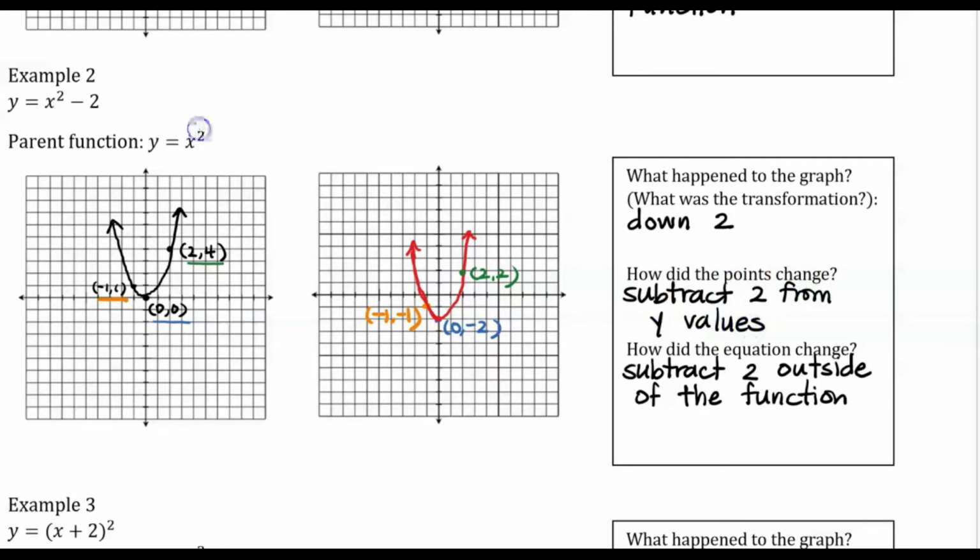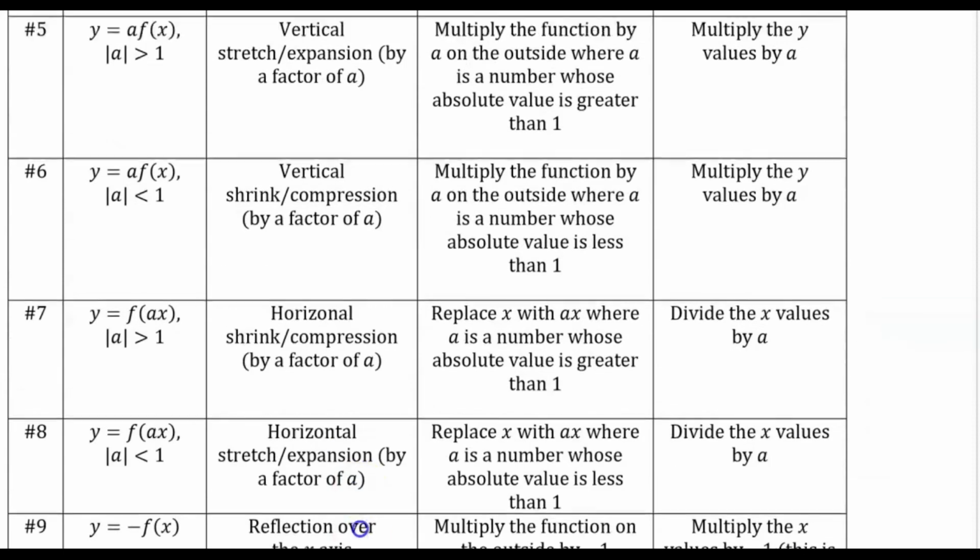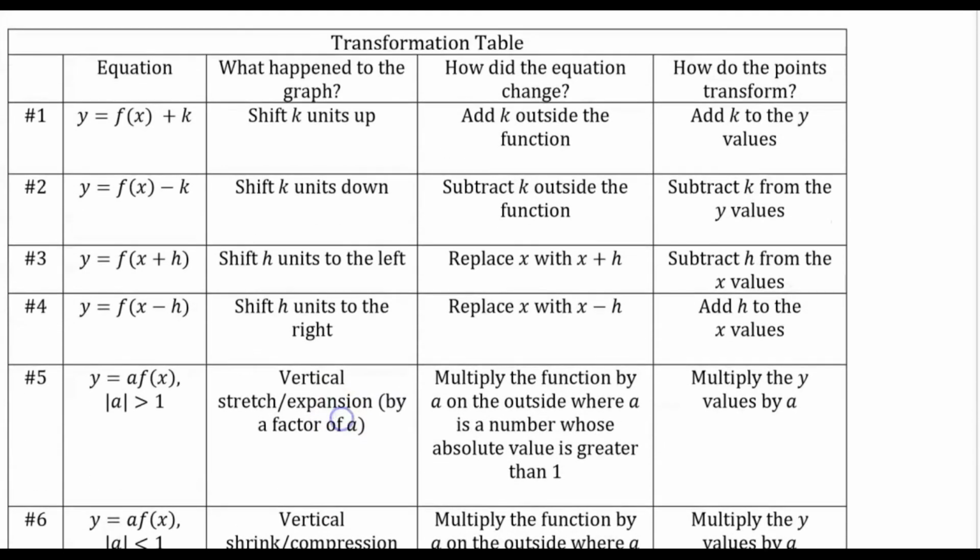So everything that we've seen in example 2 is summarized in row 2 of this table, where we subtract k on the outside of the function. The graph shifts k units down, and we change the points by subtracting k from the y values of the original points on the parent function.